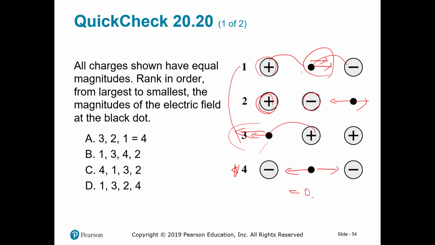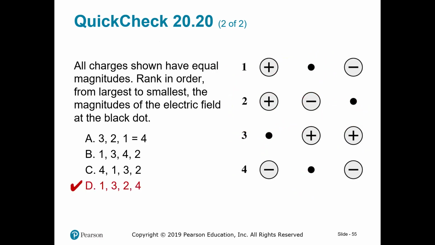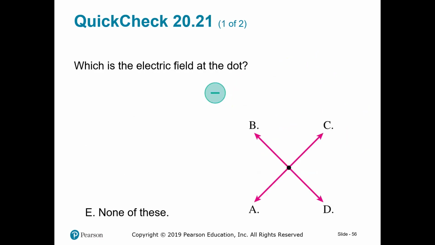But the last one here is farther than any of these, so the effect of this charge is the minimum. So basically, number 1 has a stronger electric field. So the answer is D, right? Number 1 strongest, number 2 least, and number 4 is the 0 electric field, right?